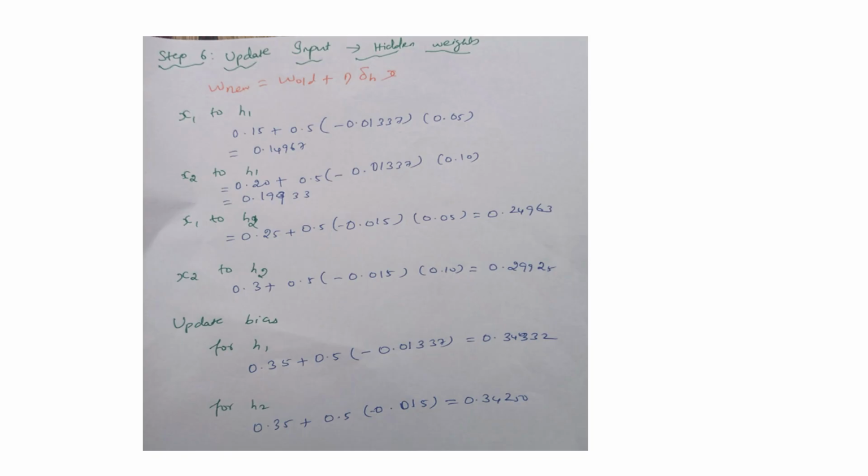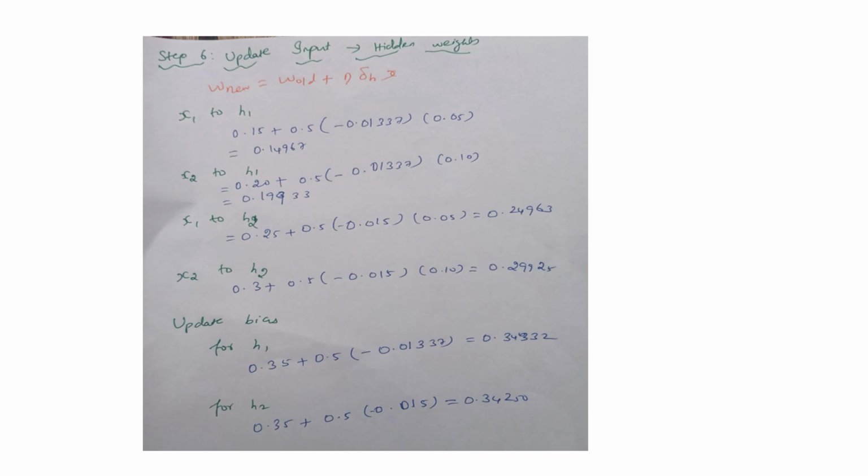After updating, we get the new weights between input x1 and hidden layer 1, input x2 and hidden layer 1, input x1 and hidden layer 2, and input x2 and hidden layer 2. In the same way, we update the biases also.